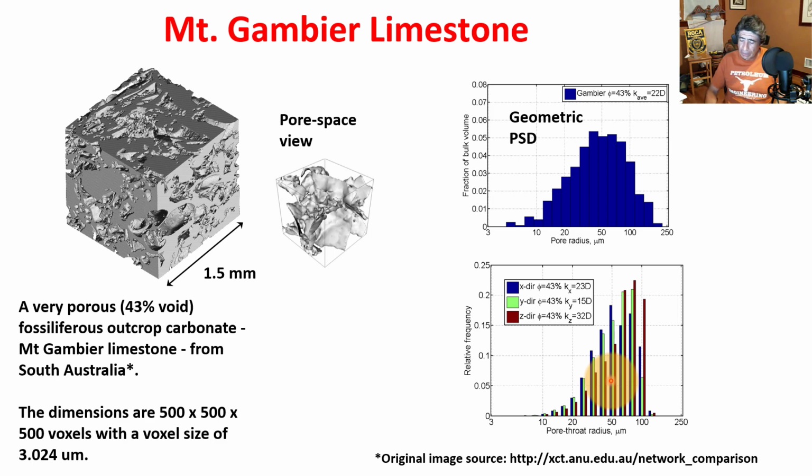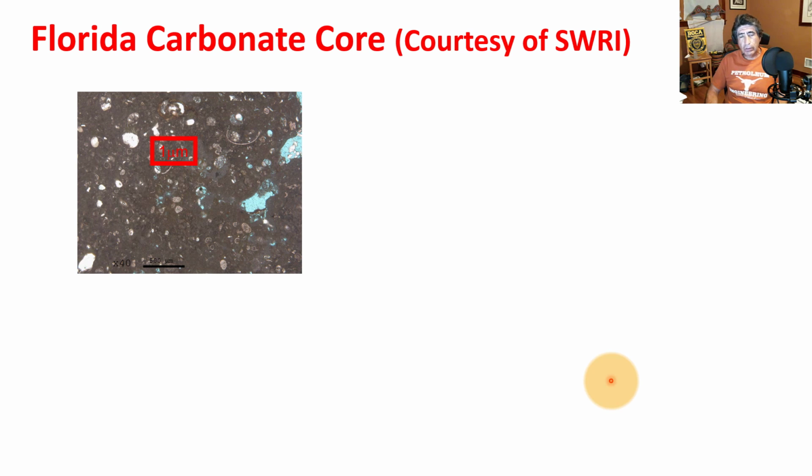I want you to keep that picture in mind for the rest of this presentation. Let me show you another beautiful example of a Florida carbonate core, courtesy of Southwestern Research Institute. Here is a thin section, and of course you can see some of the relics of organic material or microorganisms, and also some of the intraparticle moldic parts of the rock.